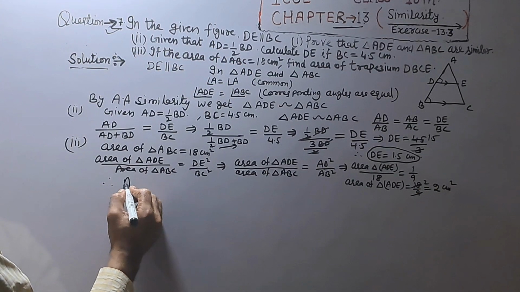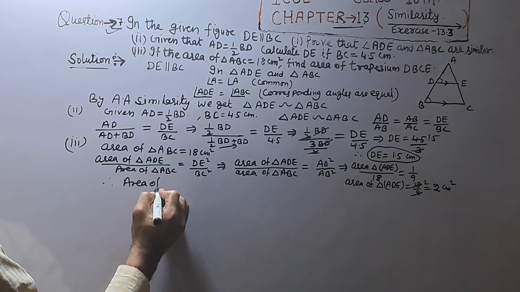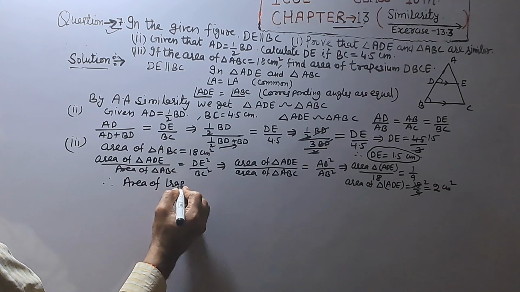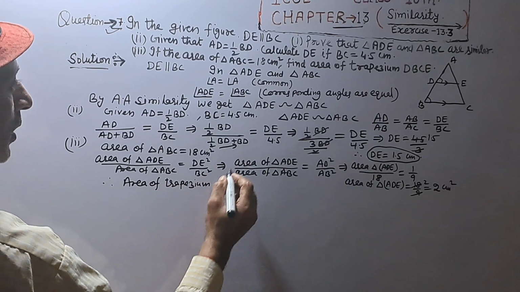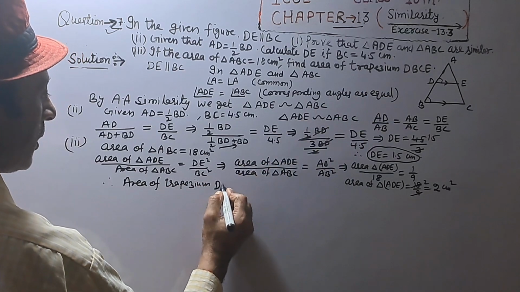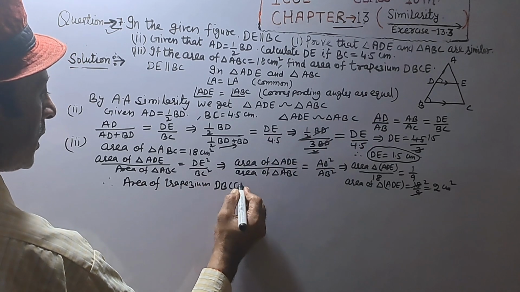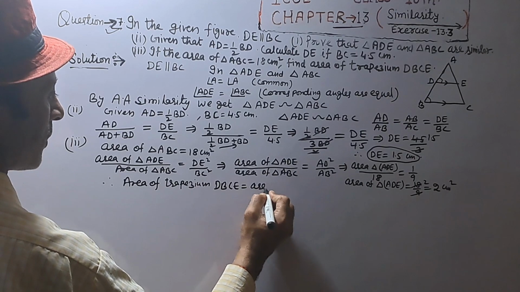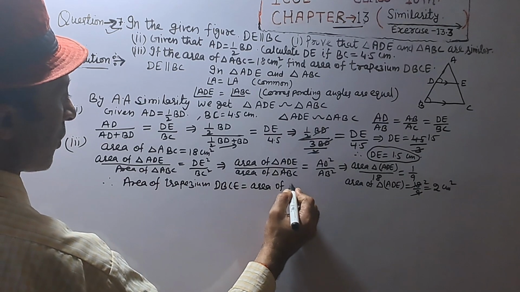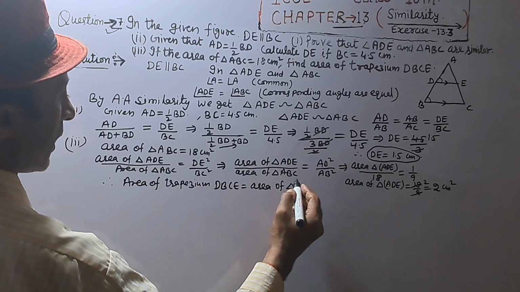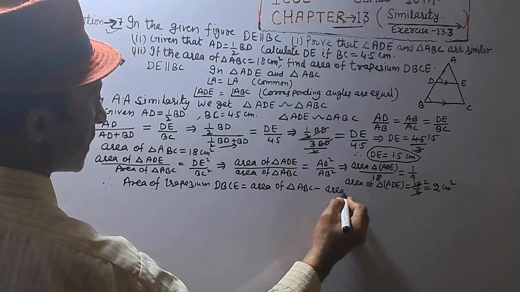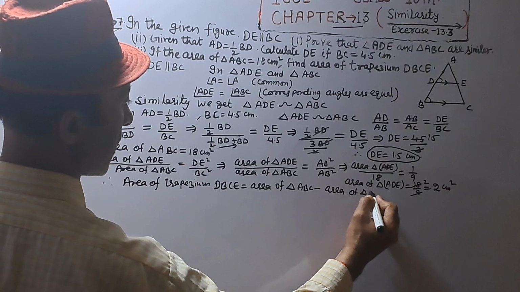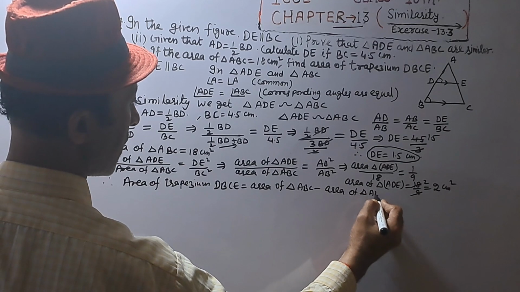So area of trapezium DBCE is equal to area of triangle ABC minus area of triangle ADE.